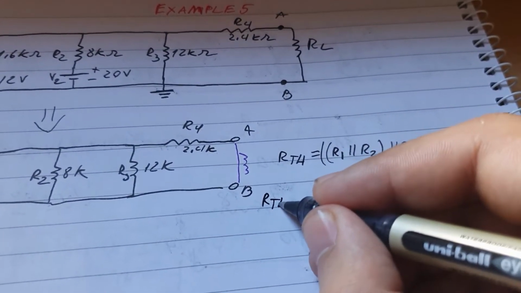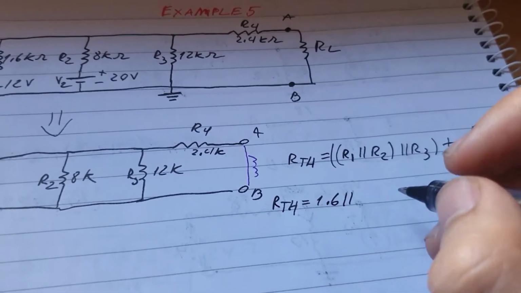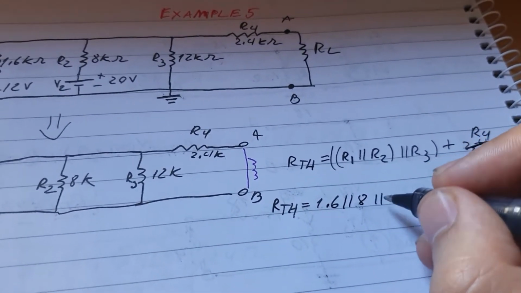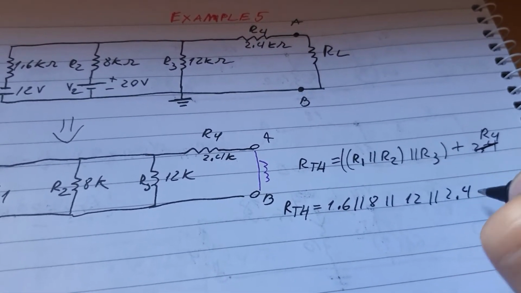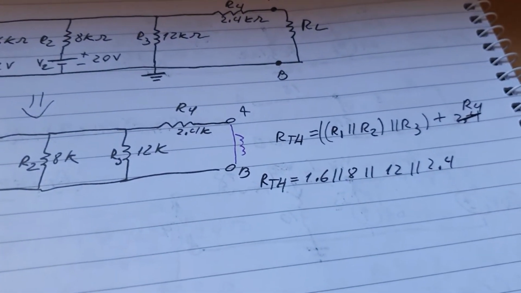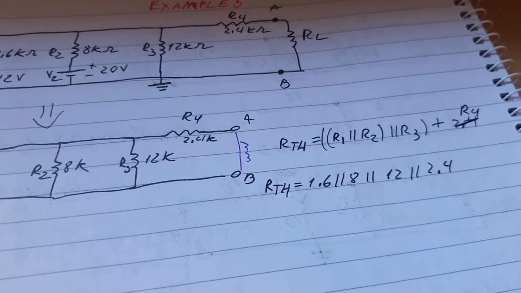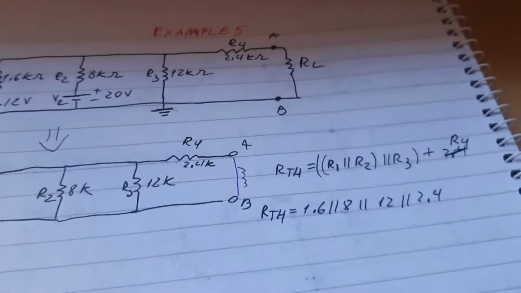So RTH is equal to 1.6 in parallel with 8 in parallel with 12, plus 2.4. We can just put them without the k because all of them are k values, so it wouldn't make a difference, but it's important at the end to put the k value.